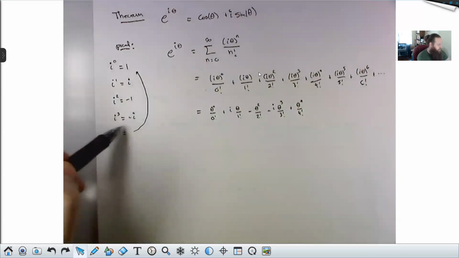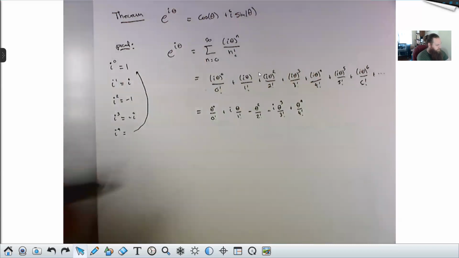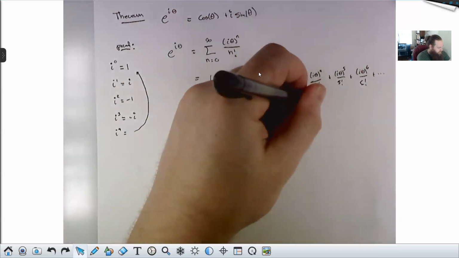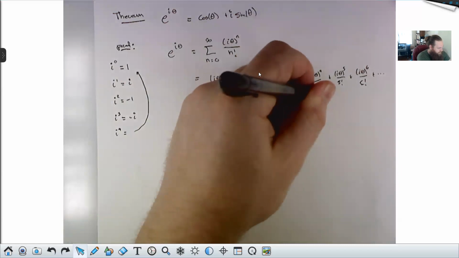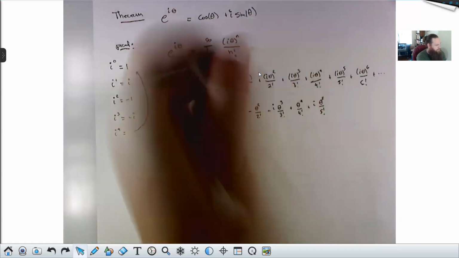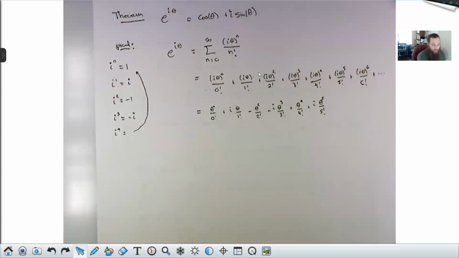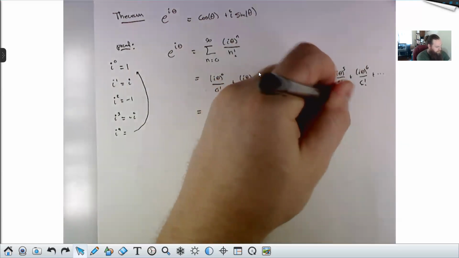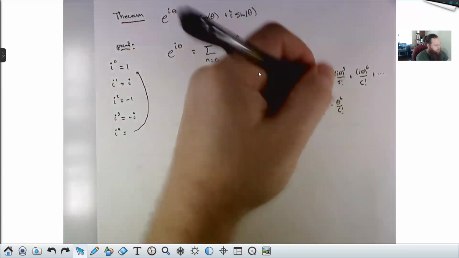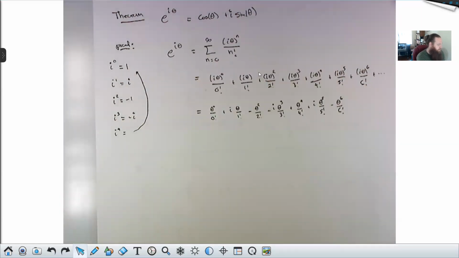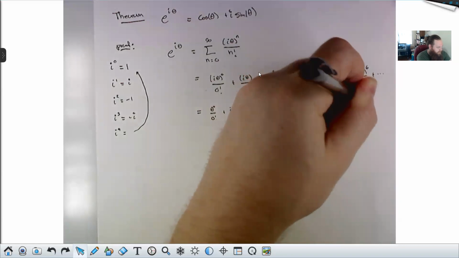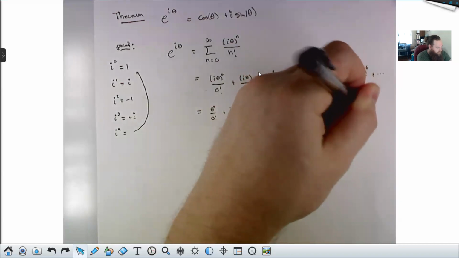If I run back around here at 4 and then keep going up. So this is plus i theta to the 5 over 5 factorial. i to the 6 is the same as i squared, which is -1, so this will be minus theta to the 6 over 6 factorial. The next term will be i to the 7 times theta to the 7 over 7 factorial. What is i to the 7? 7 is 3 mod 4, so it would be minus i theta to the 7 over 7 factorial.